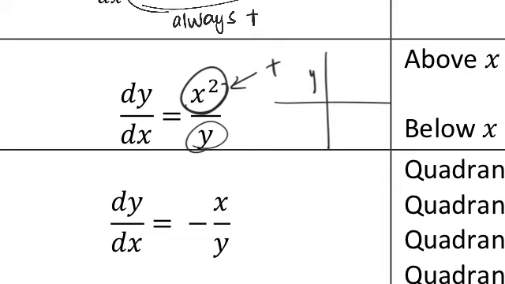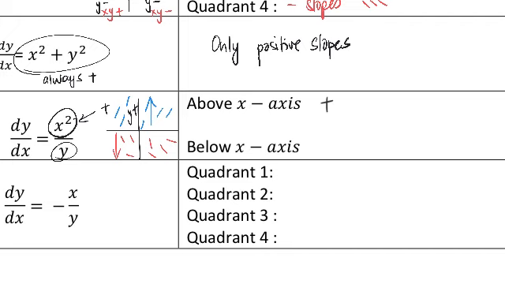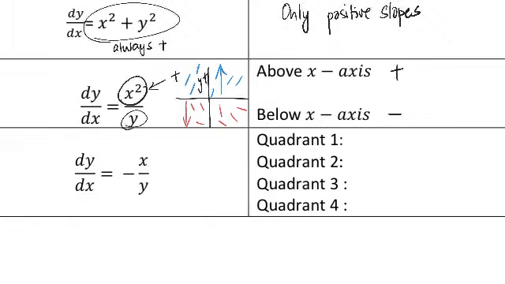So when y is positive up here, all the slopes should be positive, right? They should all be positive. And then when you're down here and y is negative, then all the slopes down here should be negative. They can be different amounts of negative, but they will be negative. So above the x-axis here would be positive, and below the x-axis would be negative.